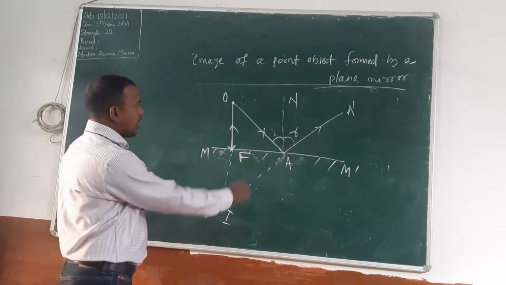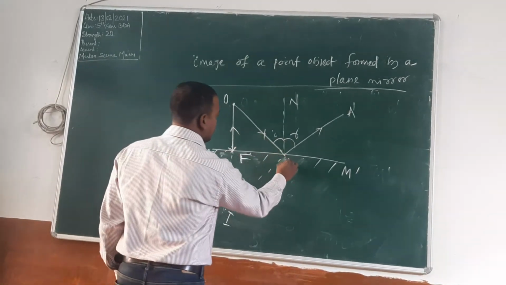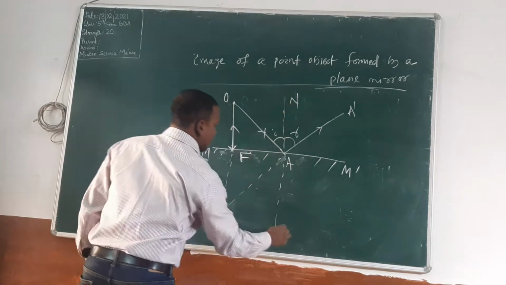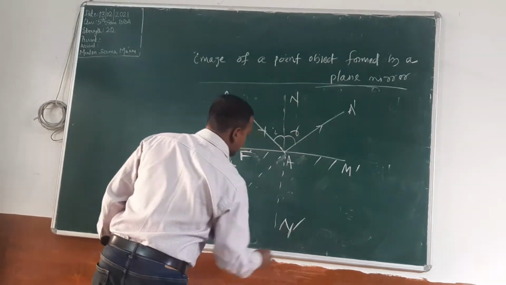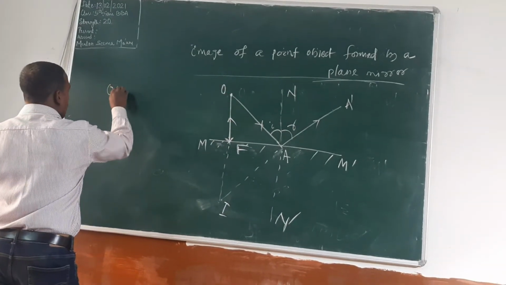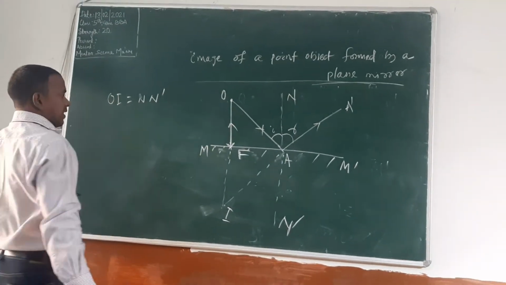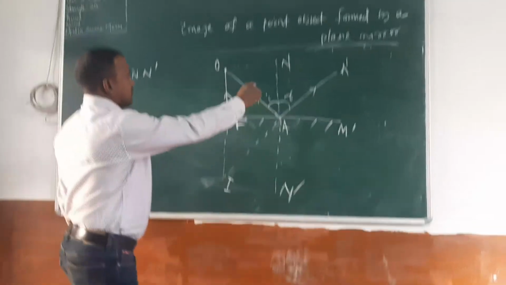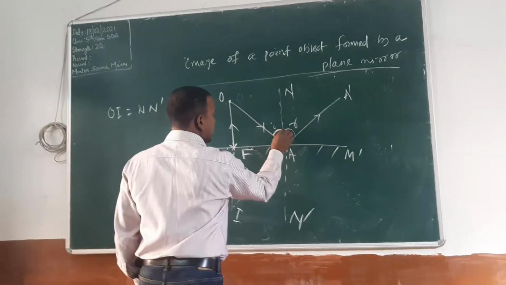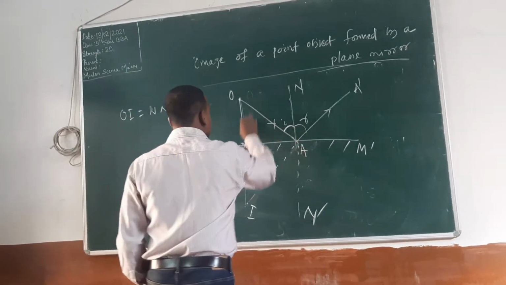So suppose this is N and N dash, so we can say OF is parallel to N and N dash, and this angle is R and this is parallel to this.